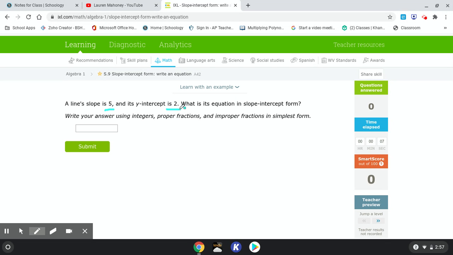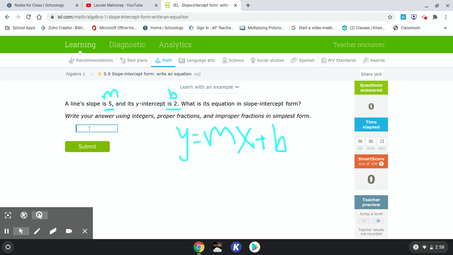So let's go back now and take a look at S.9. S.9, slope-intercept form. With this one, you are still going to be using your y equals mx plus b, but they actually tell you here your m and your b.